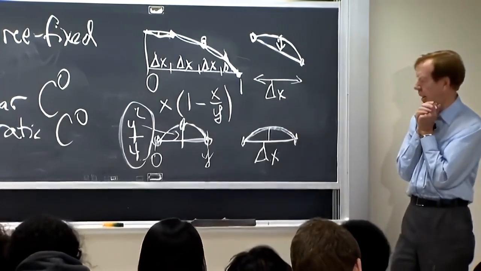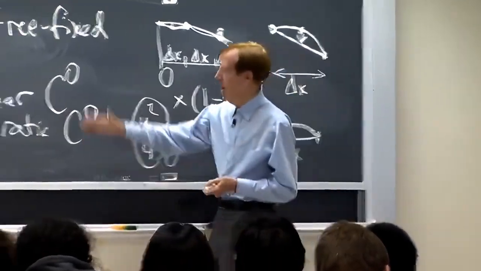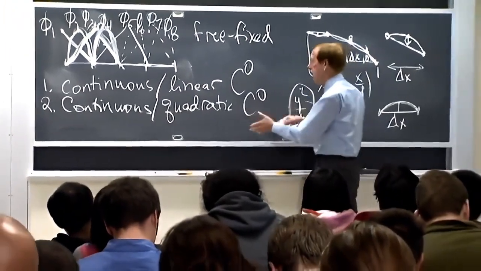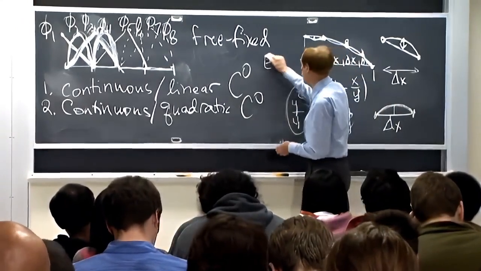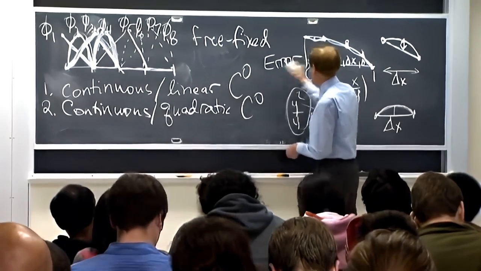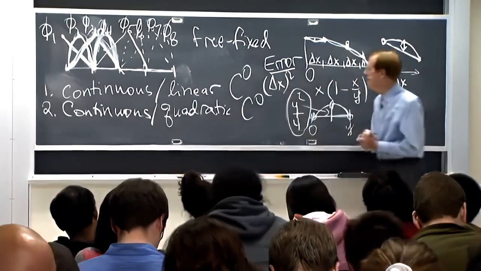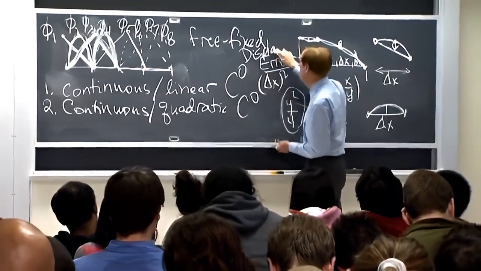That's the scaling, right? So my conclusion is that if I use these basic hat function elements, the error I get is, so can I list the errors? The error is delta x squared. That's the displacement error, the error in U.